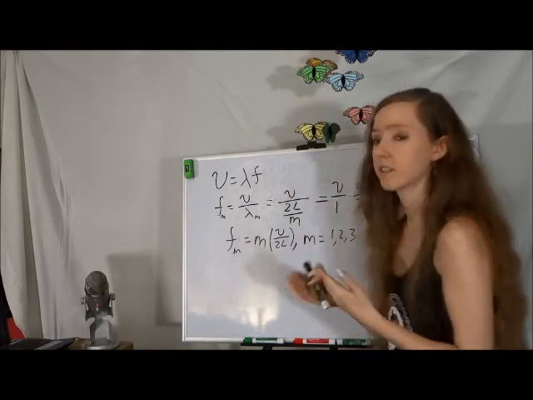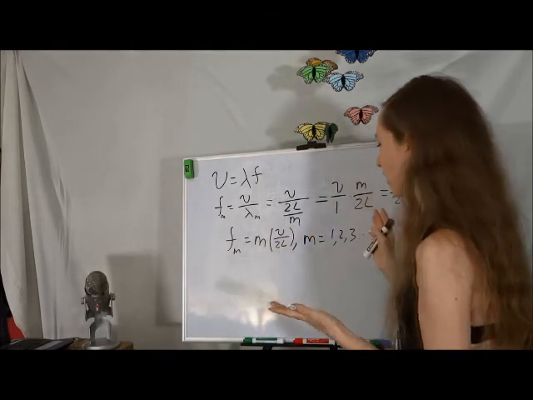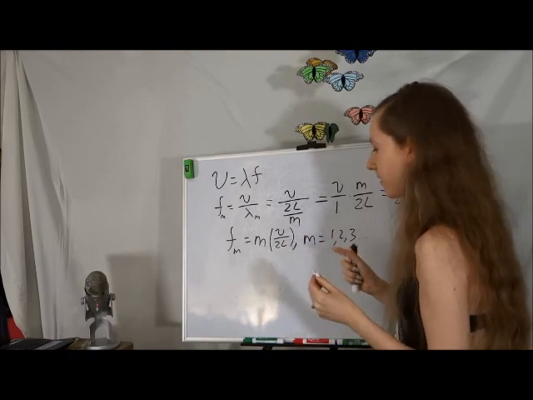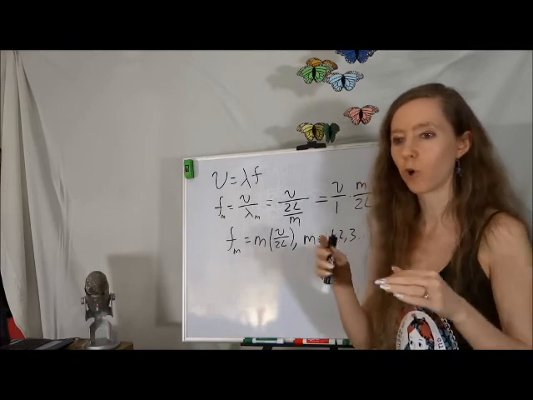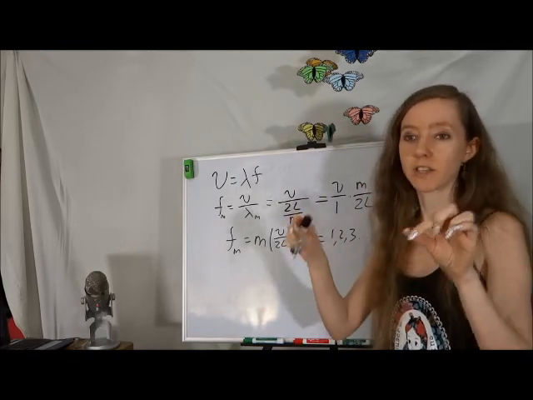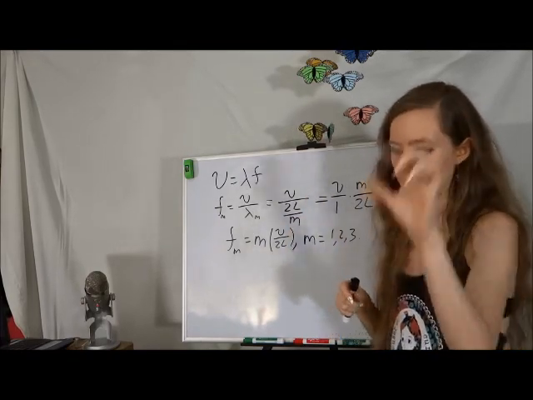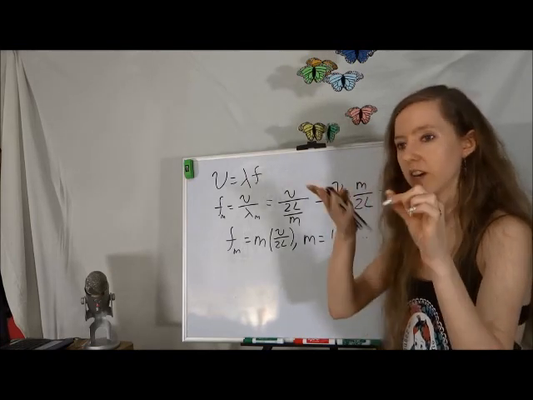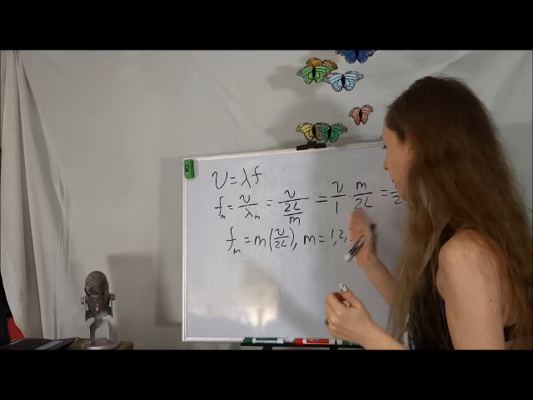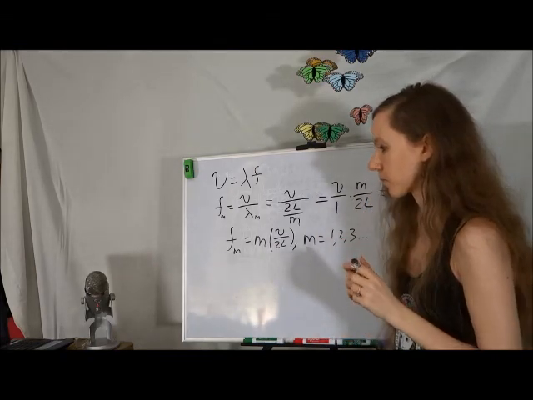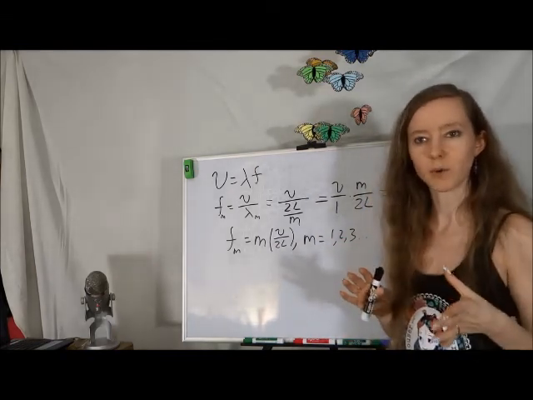Because if m was, say, a half, well, that would mean we have half of a half wavelength, and we wouldn't have nodes at either end. You'd have one node at one end potentially, but at the other end you would have something that is not a node. So we have to have integers for m, we can't have anything else. So are there any questions up to this point?